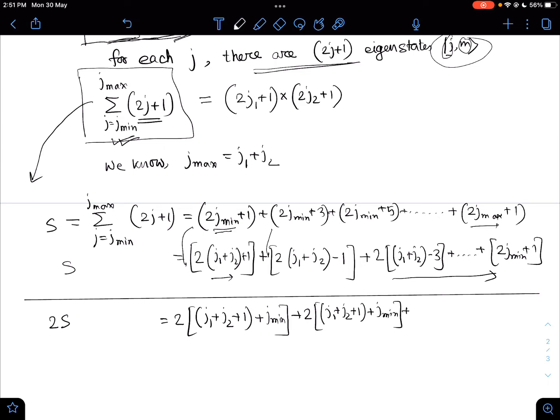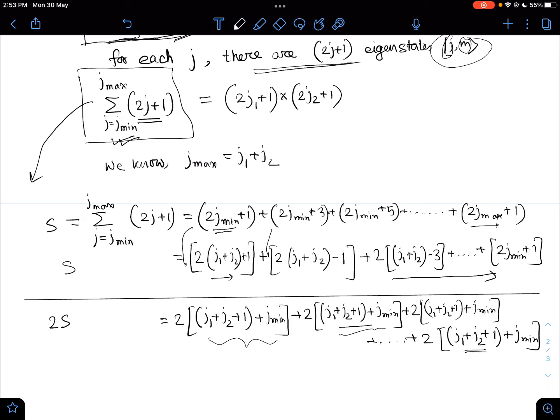Third term will be 2(J1 plus J2) plus 1 plus J minimum. So all the terms will be this, and the last term will also be 2(J1 plus J2) plus 1 plus J minimum. So how many of these terms are there?